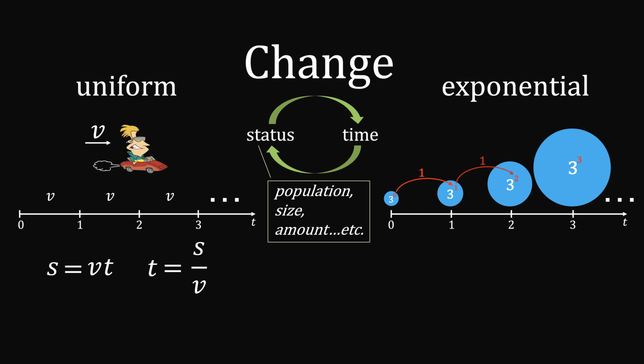Per unit time, it becomes constant multiples of the prior one. So we end up with the exponential relationship between the status and time. Now, solving this is no longer a simple division problem, but you need to divide the two logs.